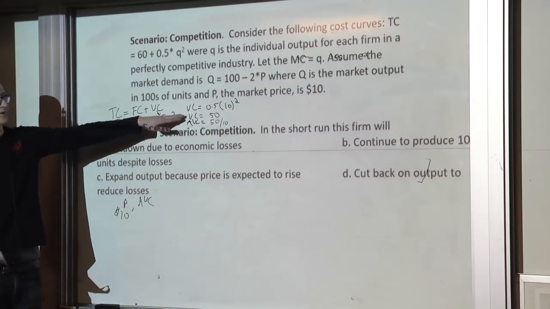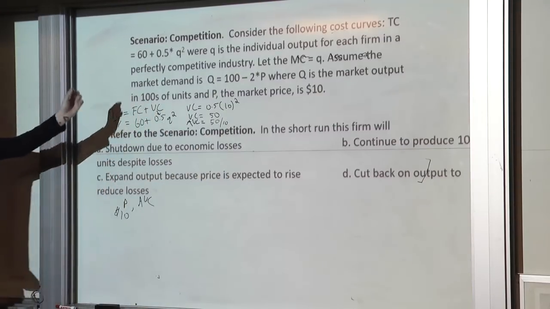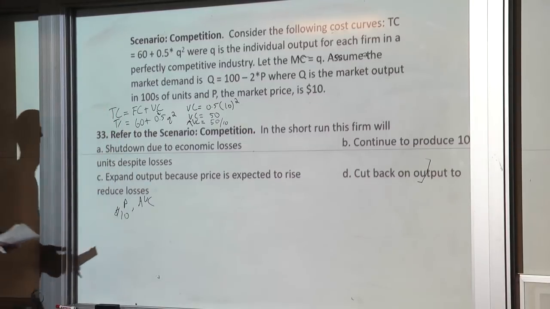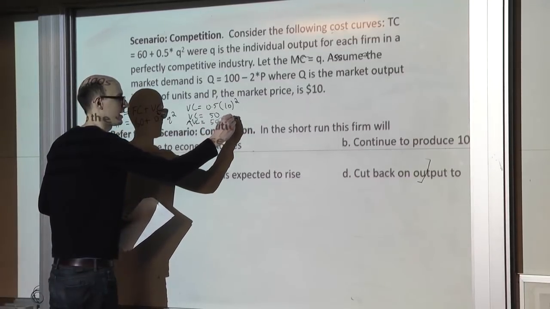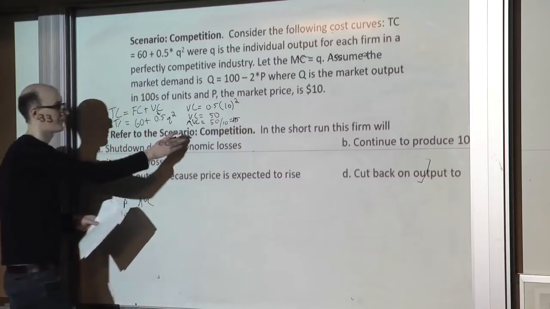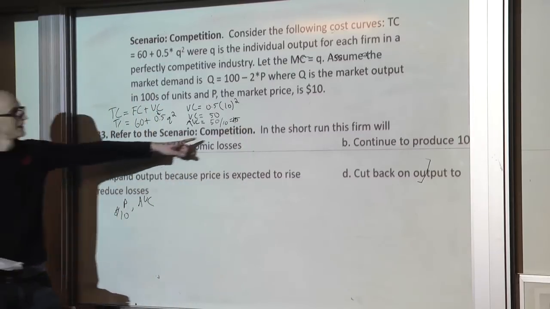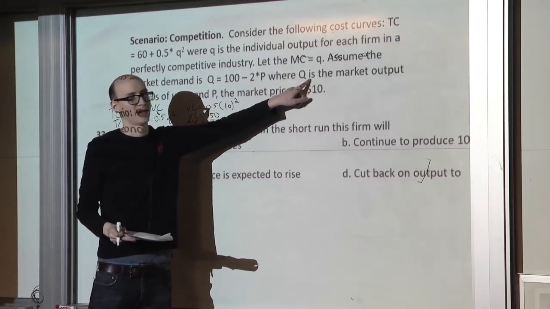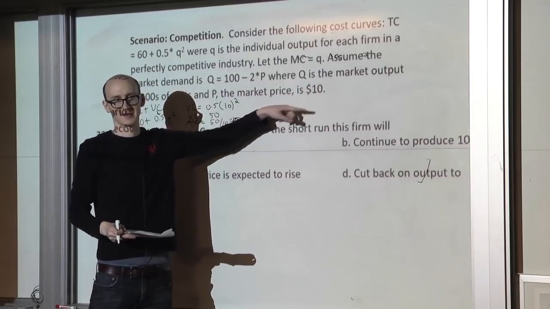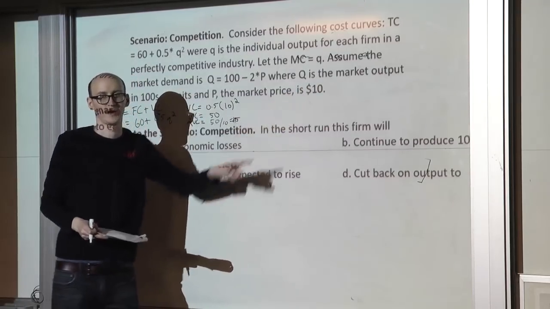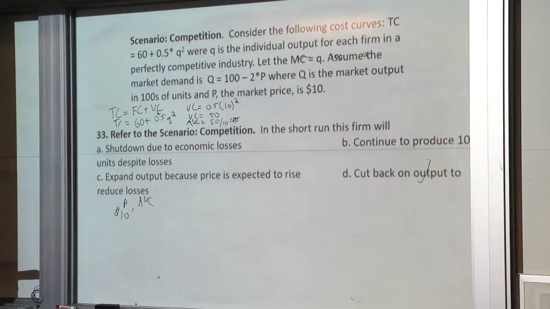Remember, to get average variable cost from variable cost, we just divide the variable cost by the quantity produced in the market, which equals 5. If average variable cost is greater than 10, then the market will shut down. But since it's less than 10, we're going to keep our market open.